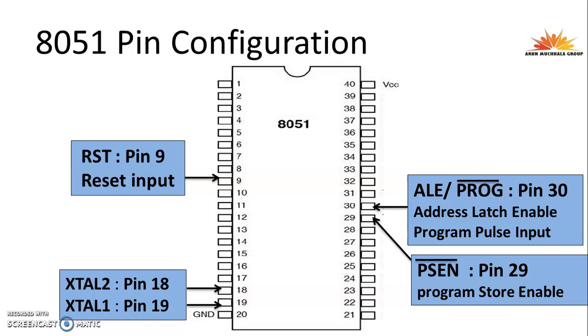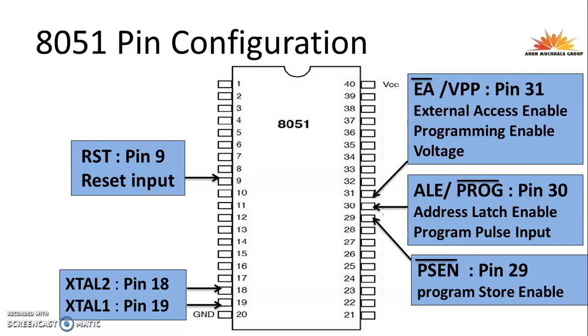PROG is the program pulse input. So pin 30 is also the program pulse input pin, and this pin is the program pulse input during flash programming or during EEPROM programming.